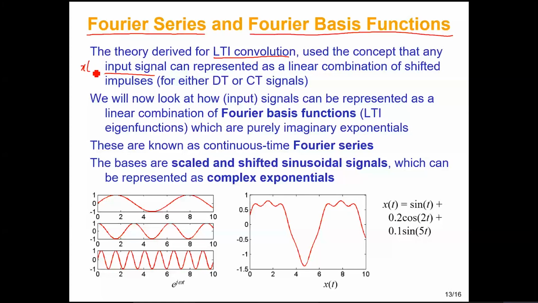Rather, it was basically used for x[n] and then further extended to x(t). But the whole concept is that whether you have discrete time or continuous time, we can represent the signal in terms of scaled delayed impulses.